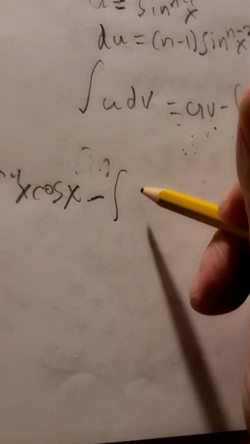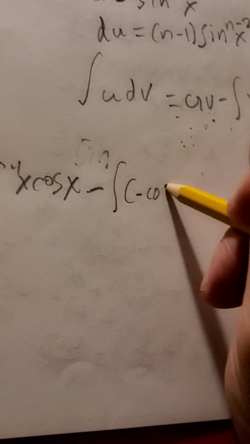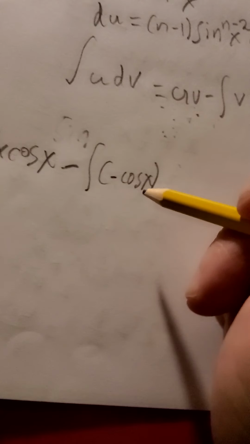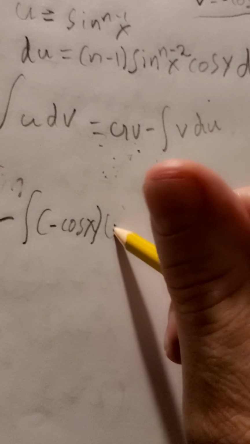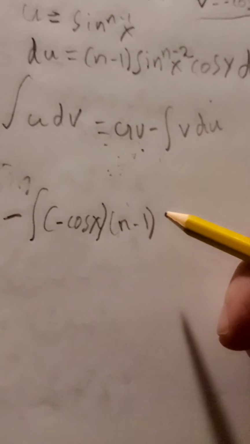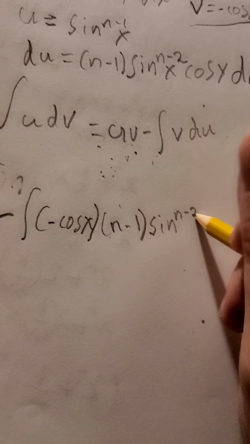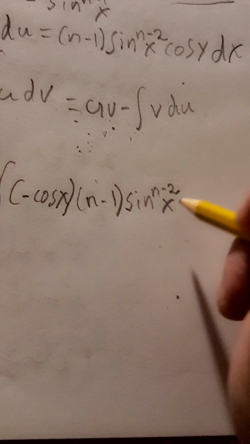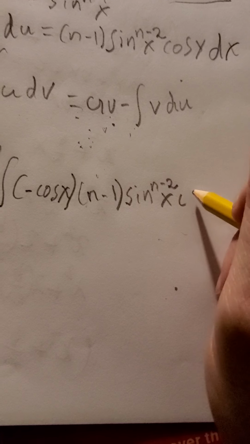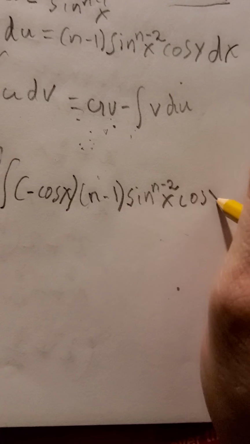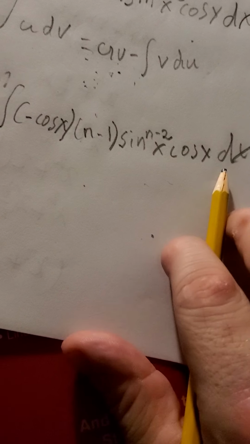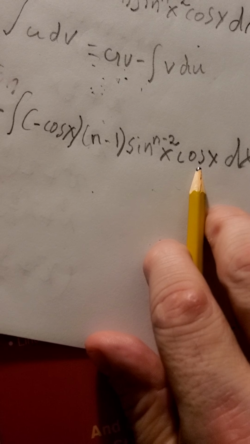So I'm going to put the integral of negative cosine times du, which is the quantity n minus 1 times sine to the n minus 2 of x cosine x dx. Well, you're going to have two cosines here, right? So they're going to square, because anything multiplied by itself just squares.